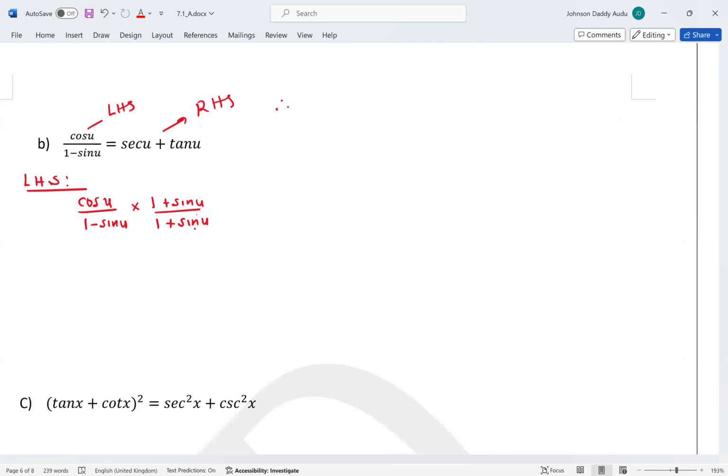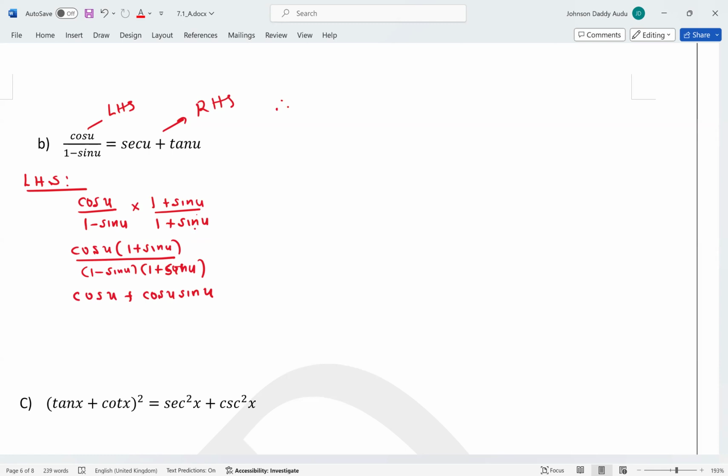So this now will become cosine u multiplied by 1 plus sine u over what? The denominator is going to be 1 minus sine u multiplied by 1 plus sine u, right? So this will give us cosine u plus cosine u sine u.